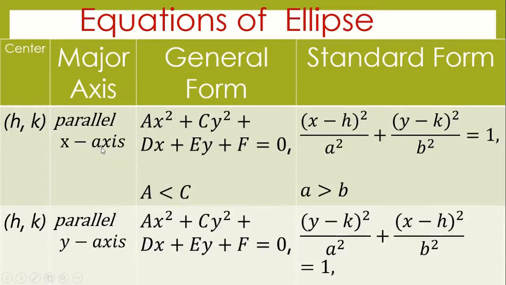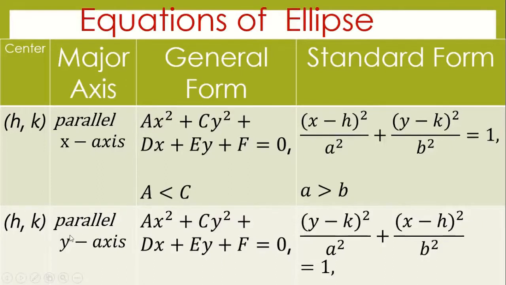So, pag parallel ang ating major axis sa x-axis, lumalabas horizontal pa rin yung ating ellipse. Okay? But the general equation or form is ax squared plus cy squared plus dx plus ey plus f equals 0. And the standard form is the square of (x minus h) all over a squared plus the square of (y minus k) all over b squared equals 1. Okay? A is greater than b.